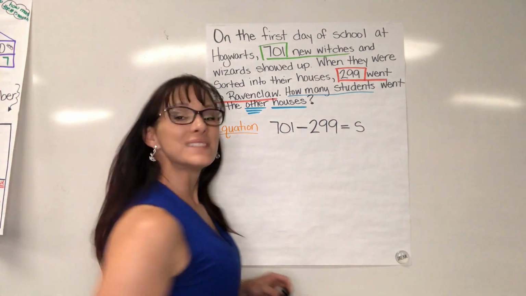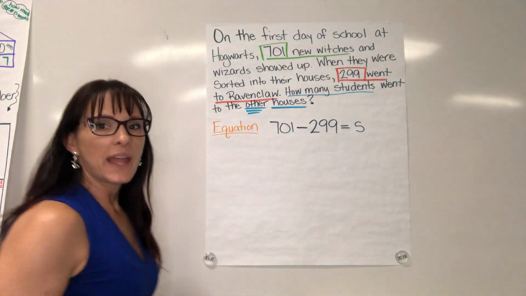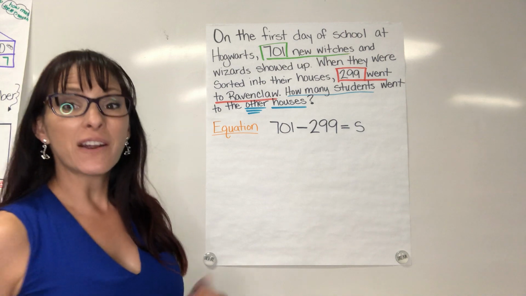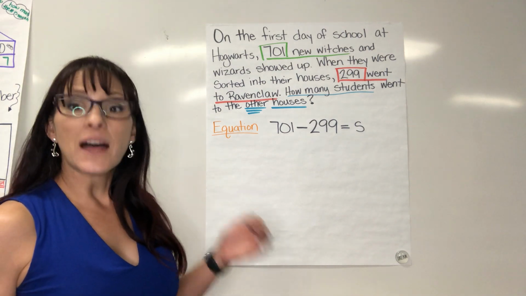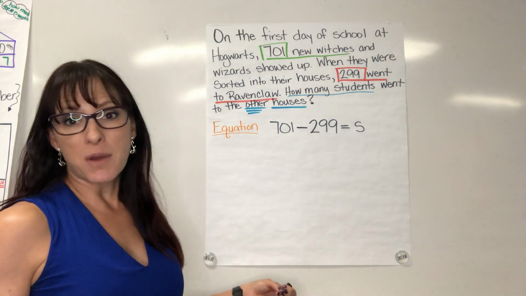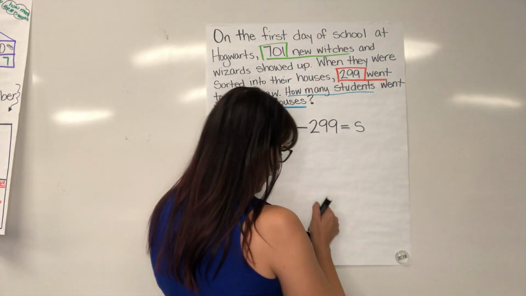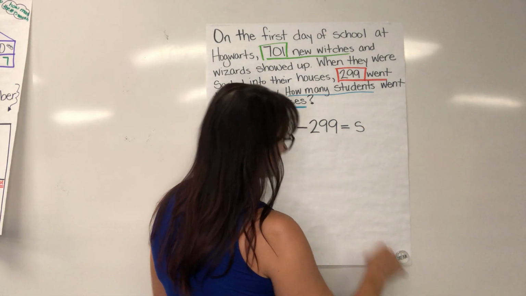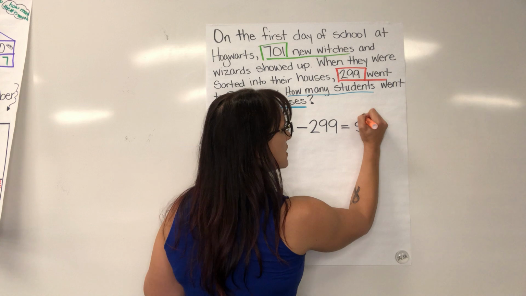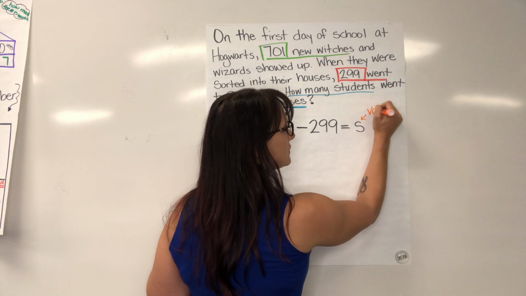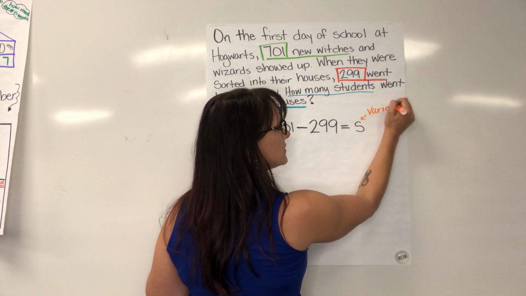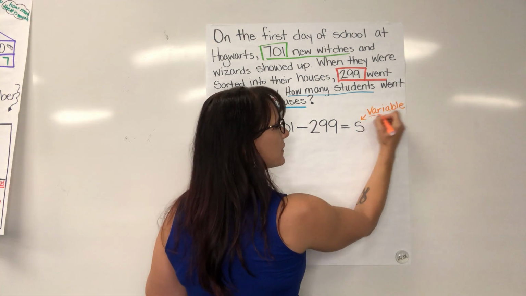So I'm going to use S as my variable. And if you remember from last week, a variable is a letter that represents a number. You might want to write that word down.